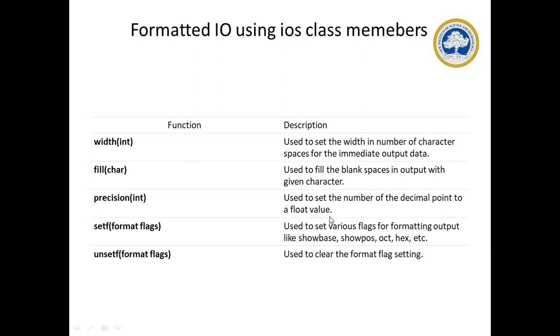The precision function is used to set the number of decimal points of a float value. The setf function is used to set various flags for formatting the output, flags like showbase, showpos, oct, hex, dec, and so on. And unsetf is used to clear the flag format settings.